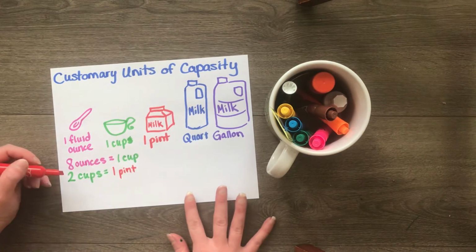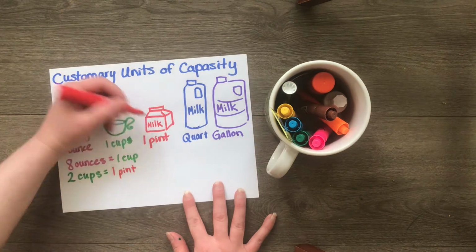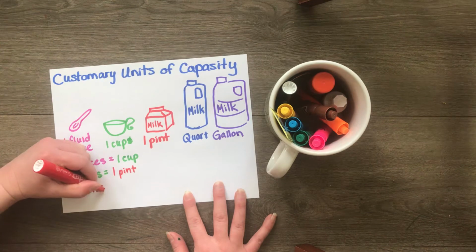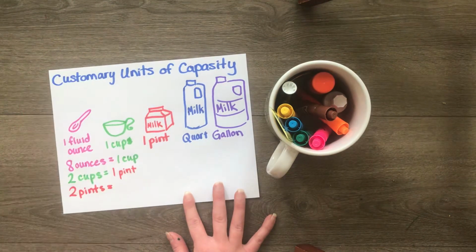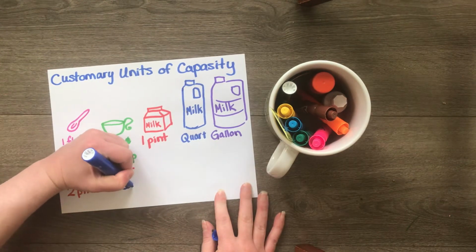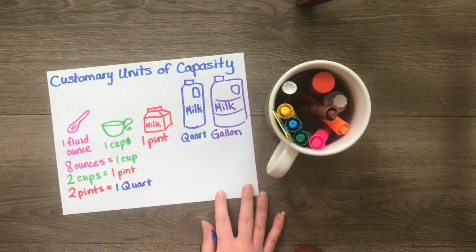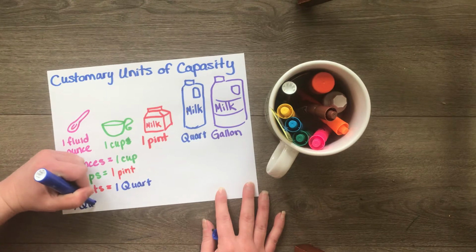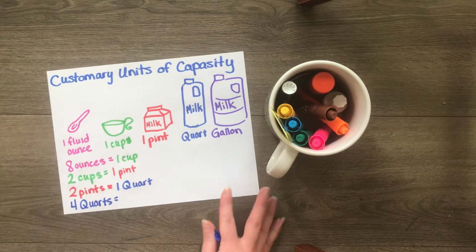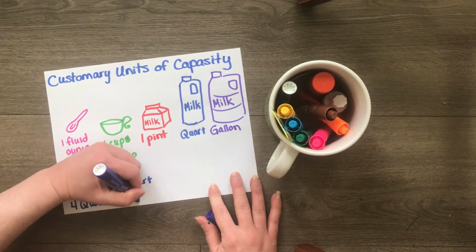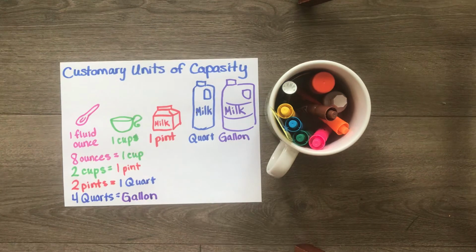Now, 2 pints of that milk would fill up a quart. And if you were to have 4 quarts, that's a lot, you would end up with a gallon. Whoa, right?